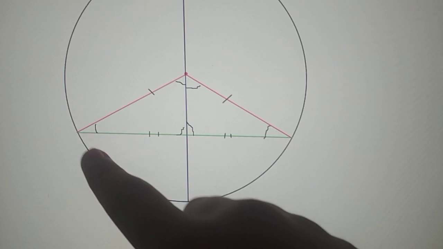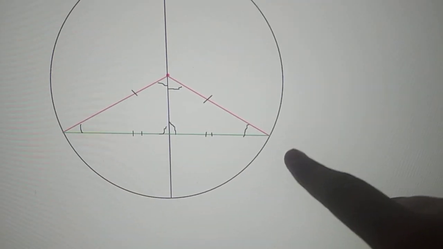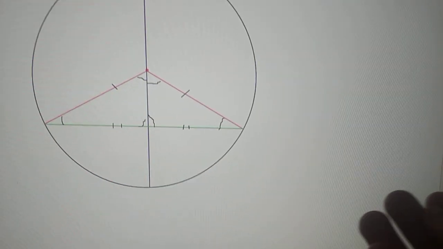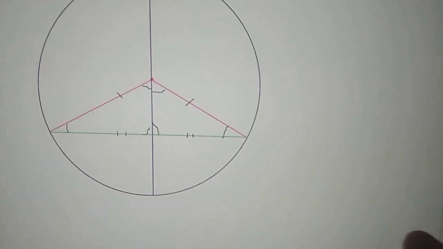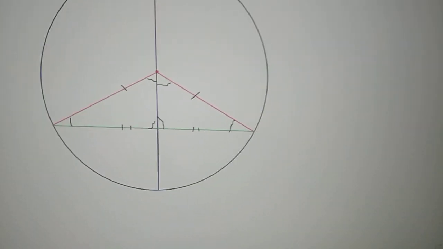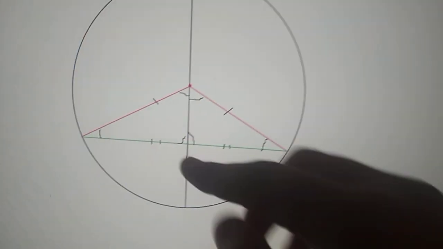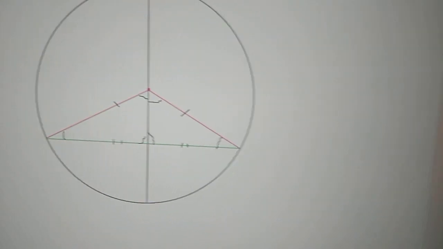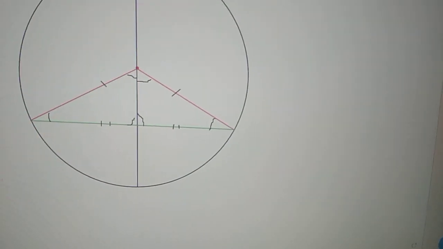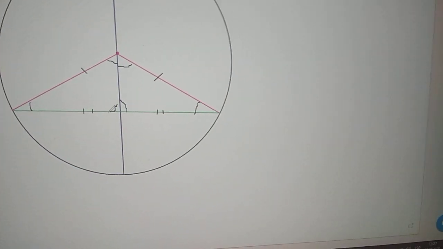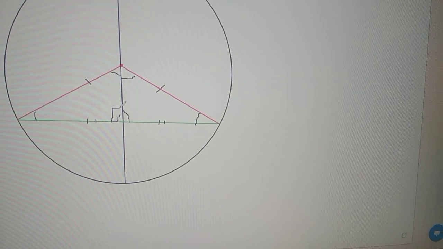We have that this is a straight line, and this is another straight line falling upon this straight line, and we know that it will generate two adjacent angles equal to two right angles. But we know that this is equal to this, and we know also that they are equal to two right angles. Therefore, it must be the case that these two angles are right angles.